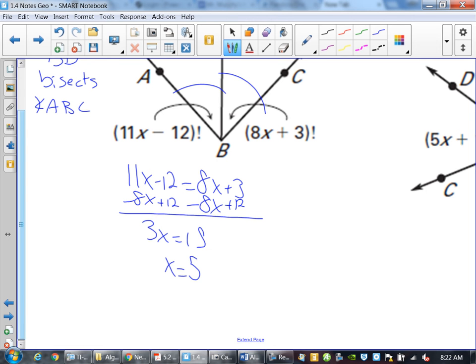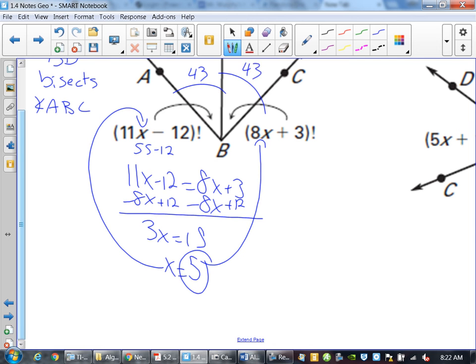Then it's a matter of substituting back in to get your angles. Should those two angle measurements be exactly the same? Yes, they should be. So 11 times 5 is 55. 55 minus 12 is 43. And 5 times 8 is 40. 40 plus 3 is 43. Look at that, we math.